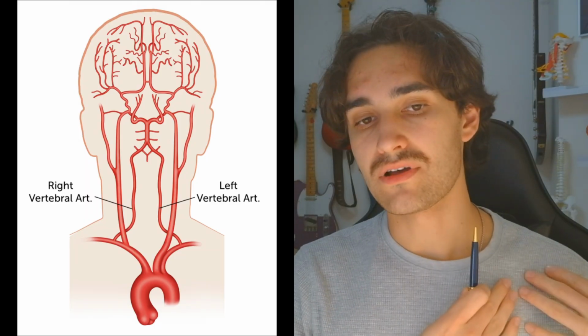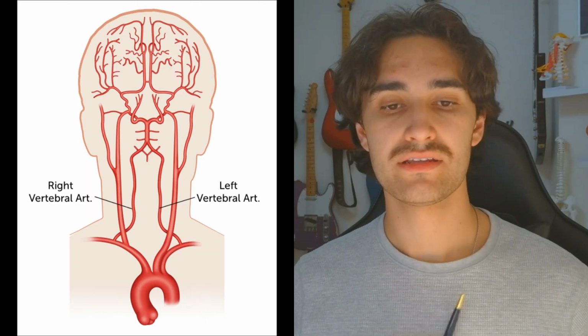The same happens on the left, except that the left subclavian and the left common carotid don't come from a shared trunk, they come independently off the aortic arch. The point is, 80% of the blood to the brain comes through the internal carotid arteries, the left and right, and 20% comes from the vertebral arteries.